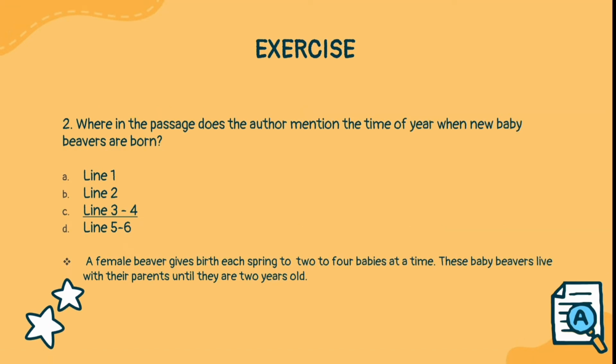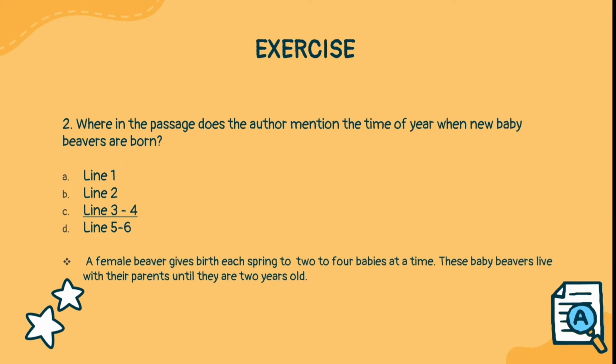And then, number 2. Where in the passage does the author mention the time of year when new baby beavers are born? A, line 1, B, line 2, C, line 3 and 4, D, line 5 and 6.